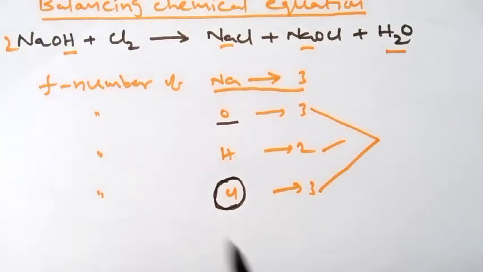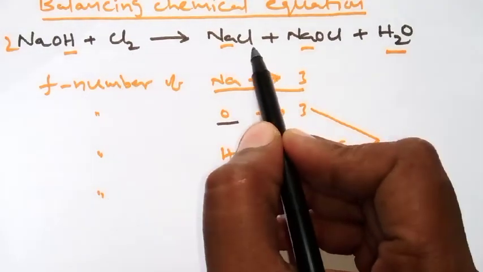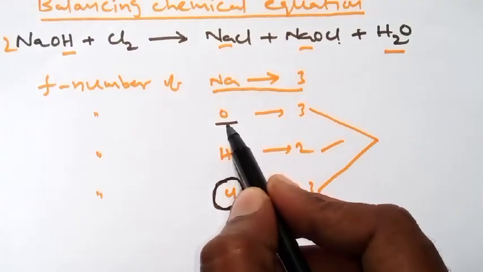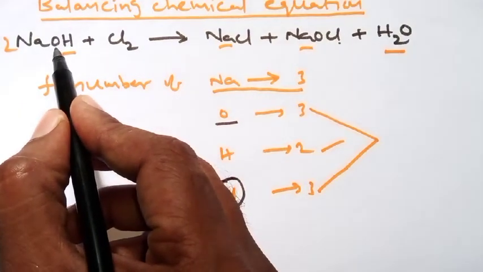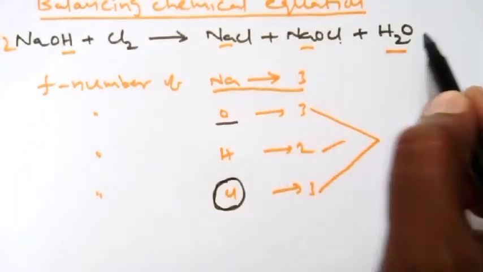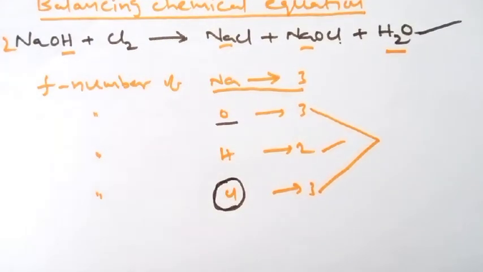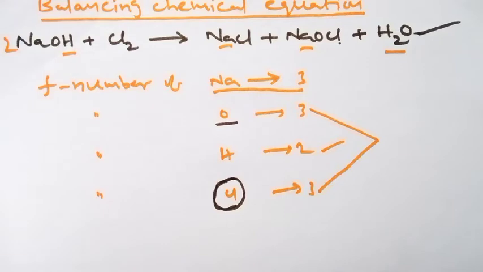Now observe here, 2 chlorines on the left, 1 plus 1 on the right, automatically balanced. We need not do anything here. Finally, come to oxygen. 2 oxygens on the left side, 1 plus 1, 2 oxygens on the right side, automatically balanced. Sometimes it is automatically balanced, sometimes we have to apply the rules clearly. Now this is a balanced equation. See, very simple method. If you practice, within a fraction of seconds you can solve very easily.